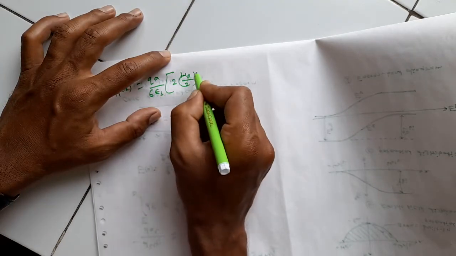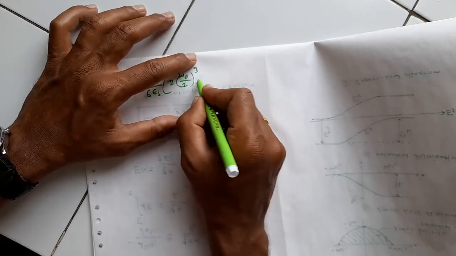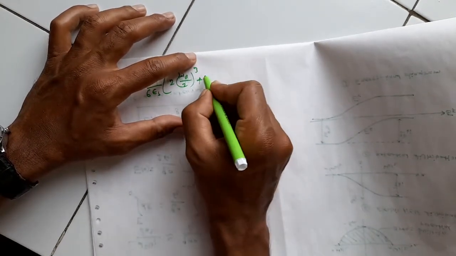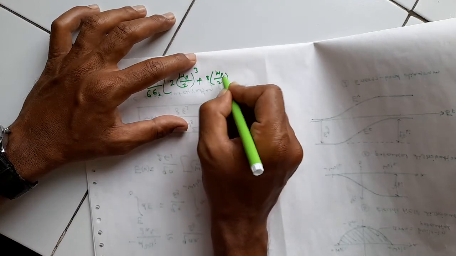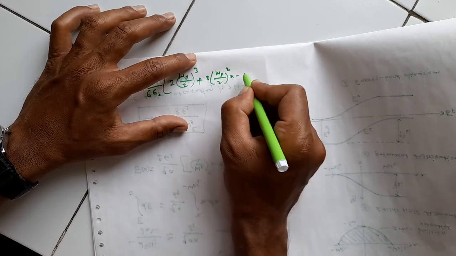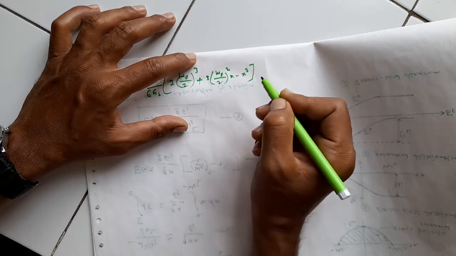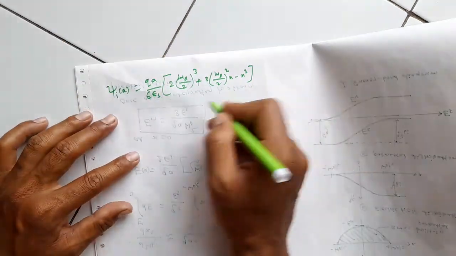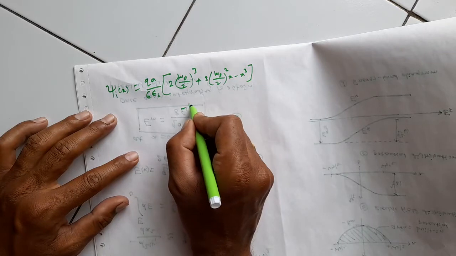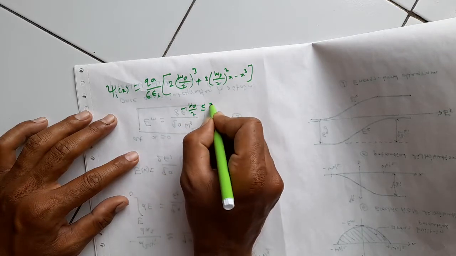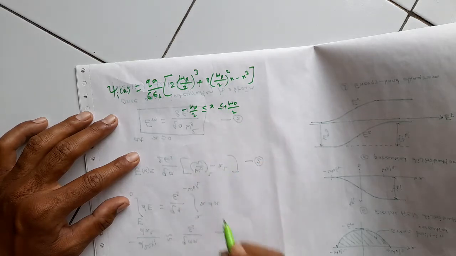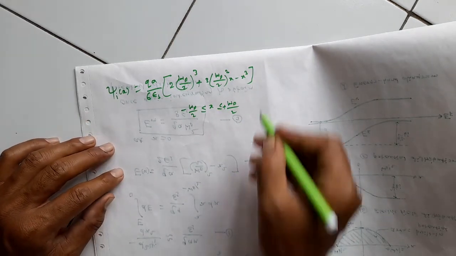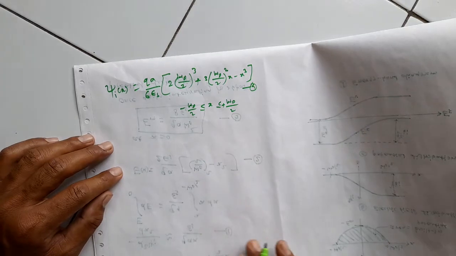I am directly writing down the integration, which is a simple integration: 3 times w d by 2 square x minus x cube. Again, the width remains the same, w d by 2, varying between plus w d by 2 to minus w d by 2. Okay. So, this is equation number 4.